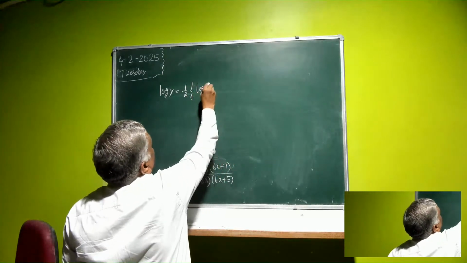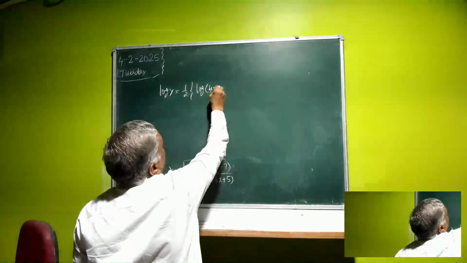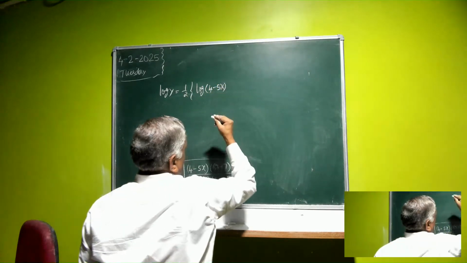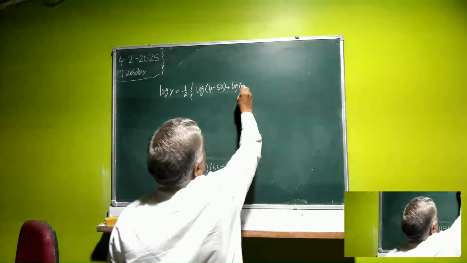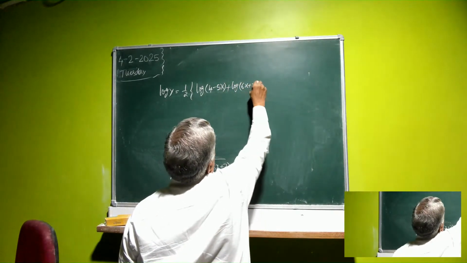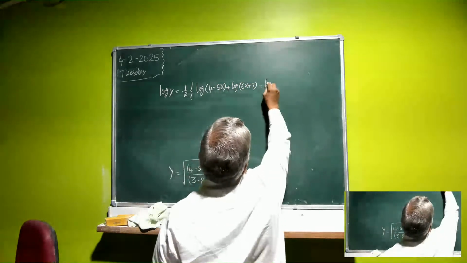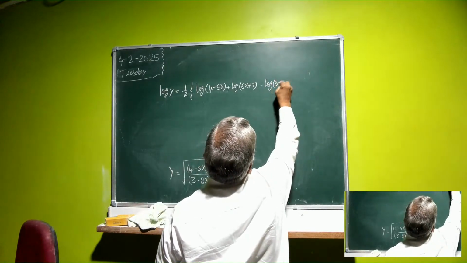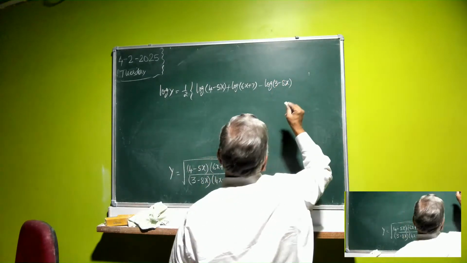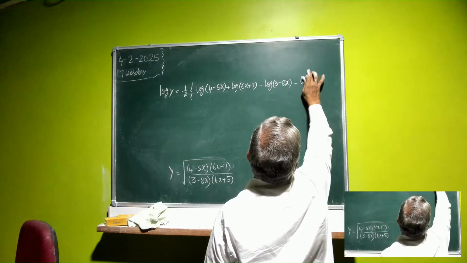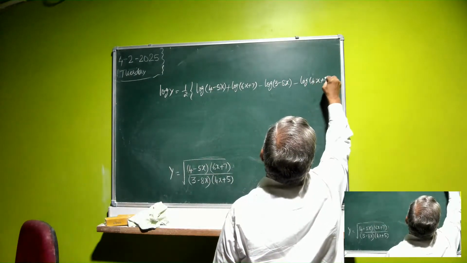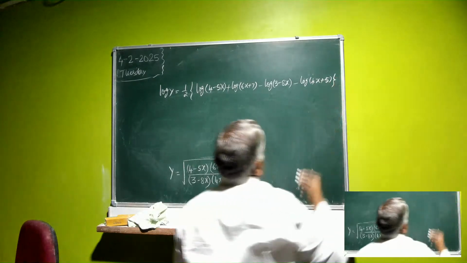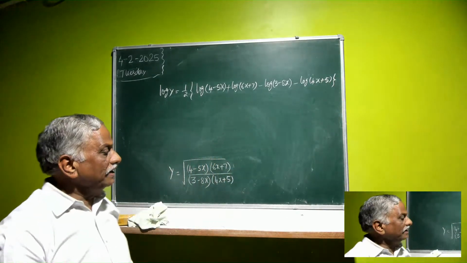Log 4 minus 5x plus log 6x plus 7 minus log 3 minus 8x minus log 4x plus 5. Just repeat what I did.